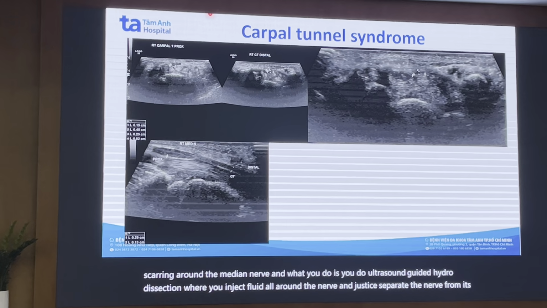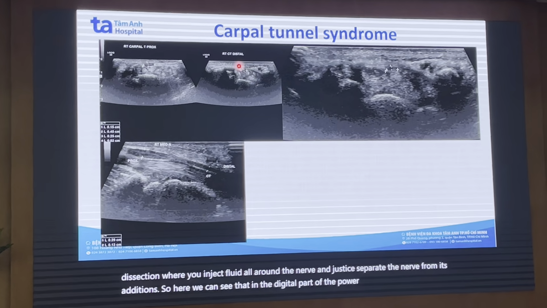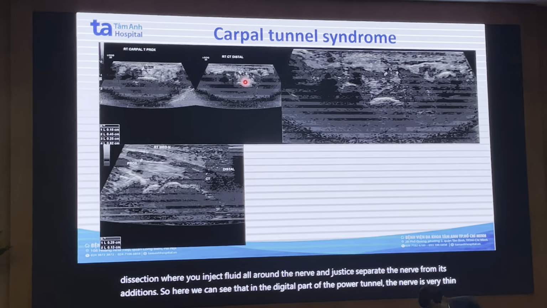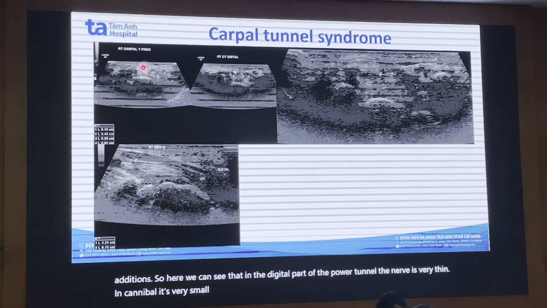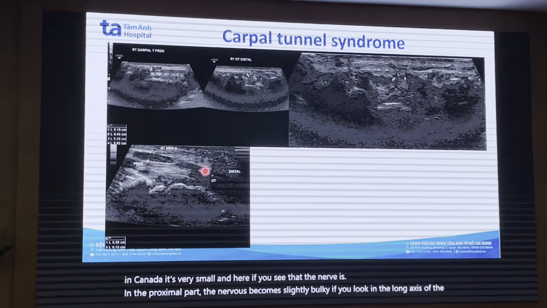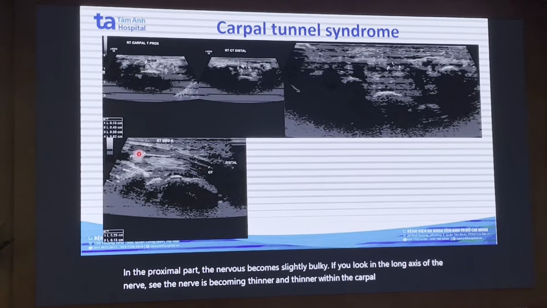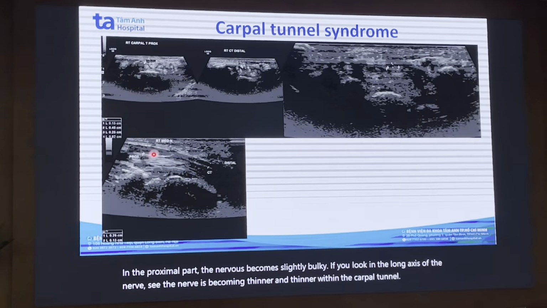Here you can see that in the distal part of the carpal tunnel, the nerve is very thin in caliber. It's very small, and in the proximal part, the nerve has become slightly bulky. If you look in the long axis of the nerve, the nerve is becoming thinner and thinner within the carpal tunnel, and proximal to the carpal tunnel, the nerve is more than double the size, right?